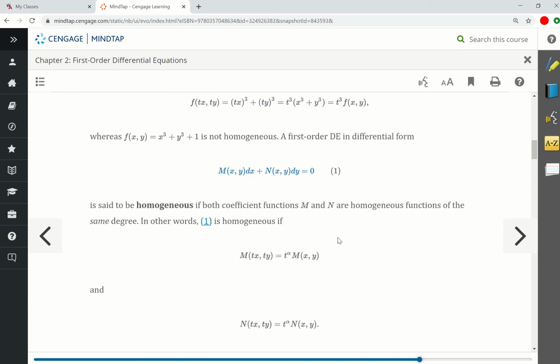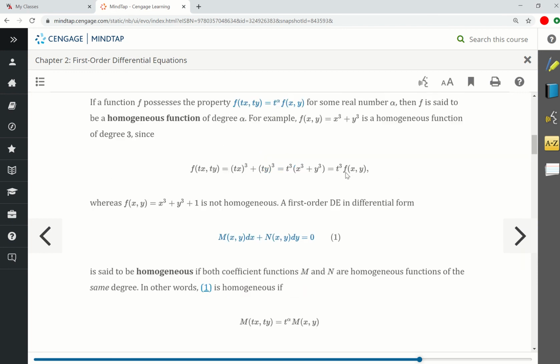Okay. If a differential equation is homogeneous, then what that means is that the coefficient functions m of x comma y and n of x comma y are both homogeneous and of the same degree. To be very careful here, we know what it means for a function of two variables to be homogeneous. We just defined it above.